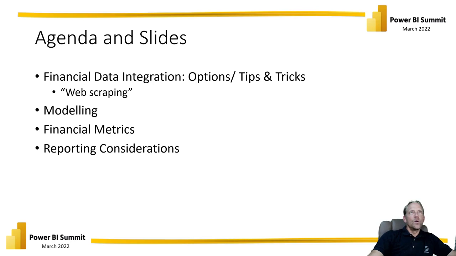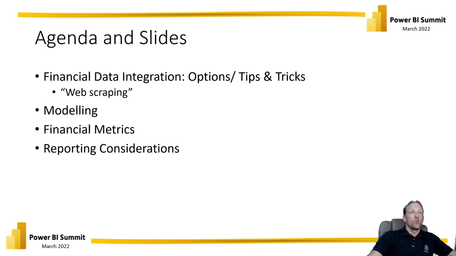The second thing is typically the data that you get is not in the best state to realize your analysis, so you need to get involved in modeling. So we cover that in a few details around dimensional modeling. Then we move on to financial metrics. So again, with the data, you want to refine it by adding financial metrics.